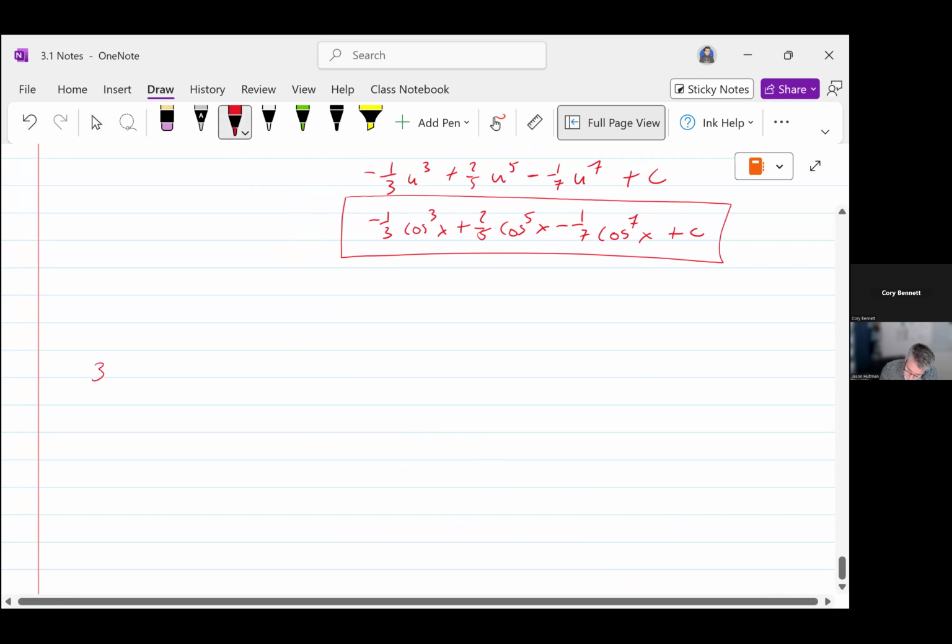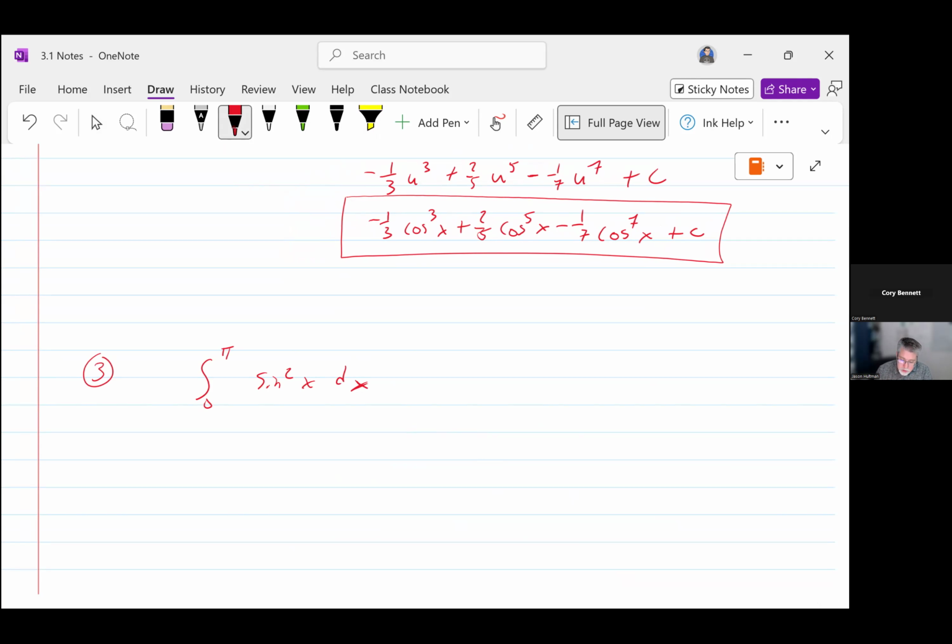Okay, so number 3. We're going to go from 0 to pi of sine squared x dx. We could use a power reducing formula that we derived in our last section, but let's do this one by practicing our half angle identities.